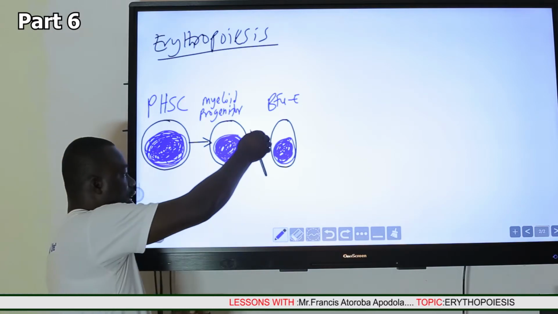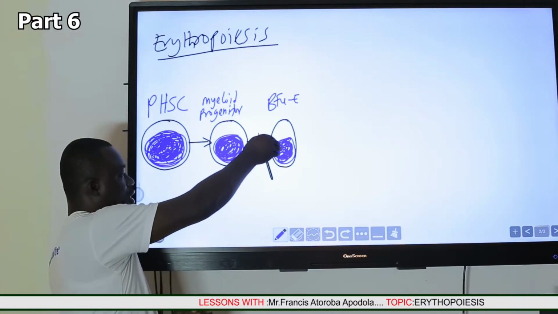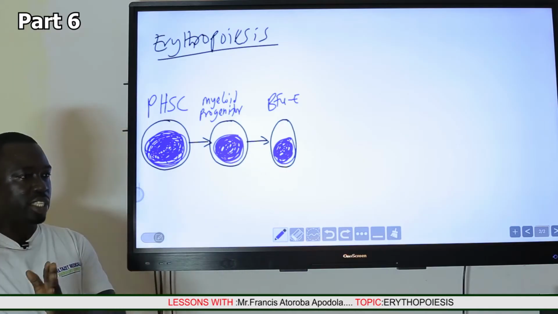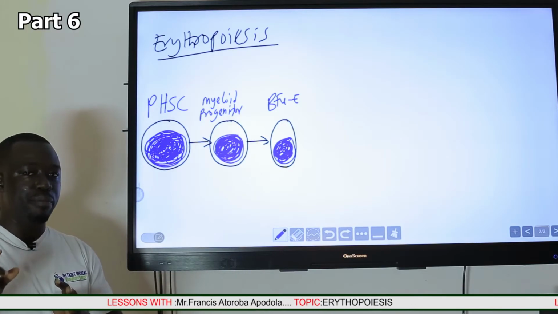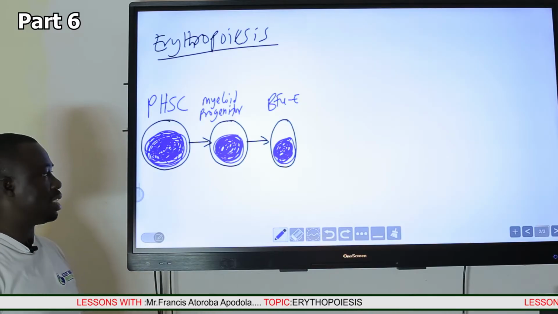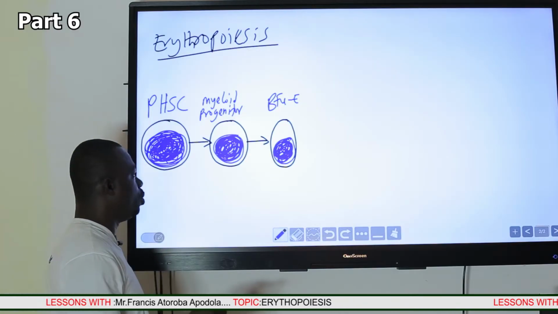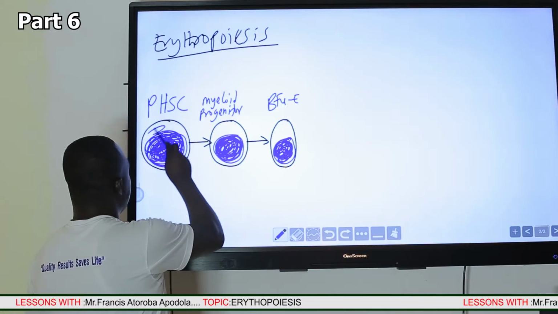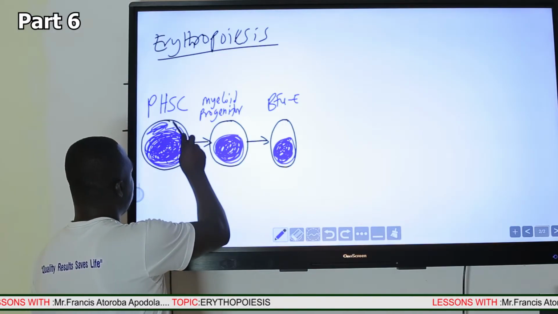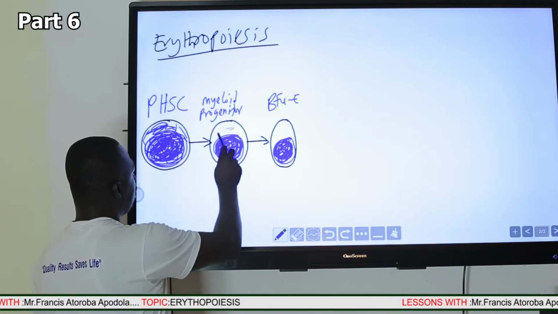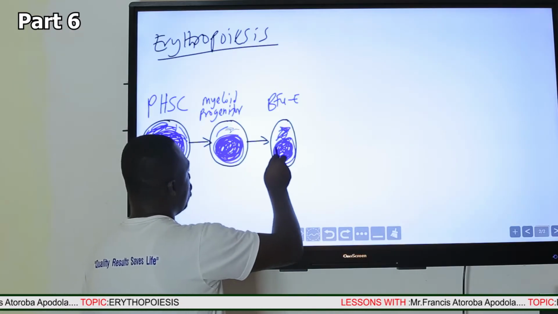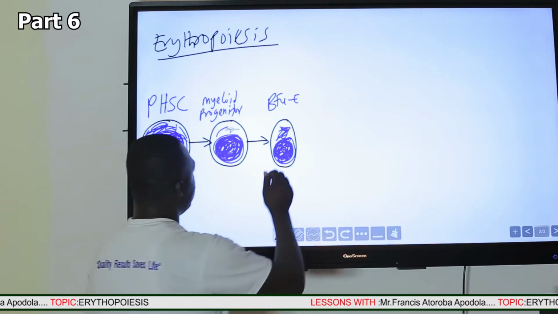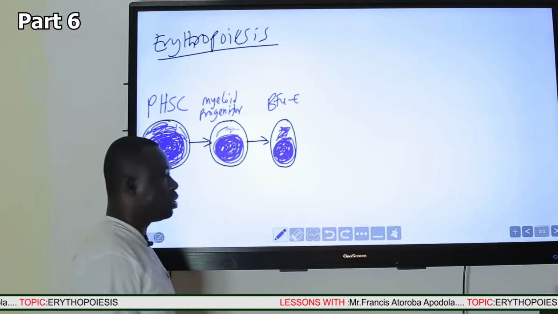So the nucleic acid found in the nucleus, interacting with the base component of the stain, will appear quite bluish. The space here, which is the cytoplasm, is also basophilic. So all these are basophilic, but we just leave it that way. So this is the burst-forming unit erythroid.